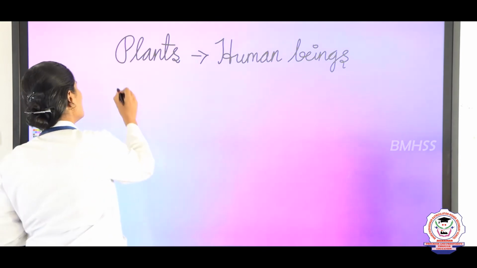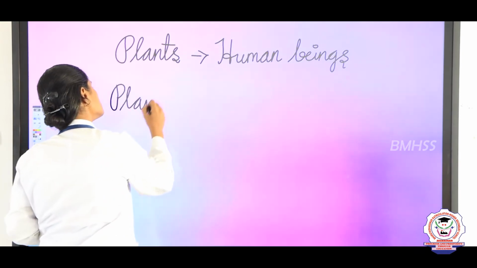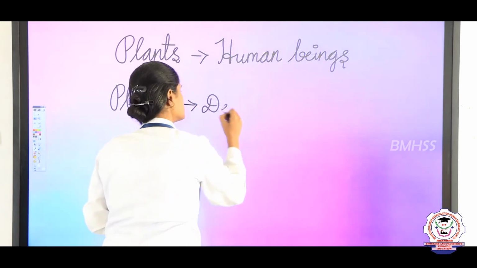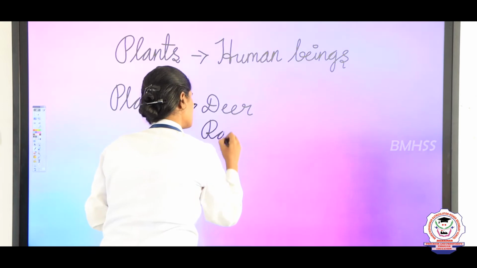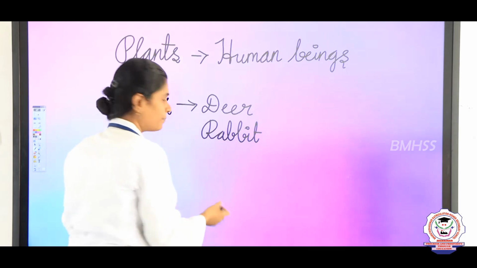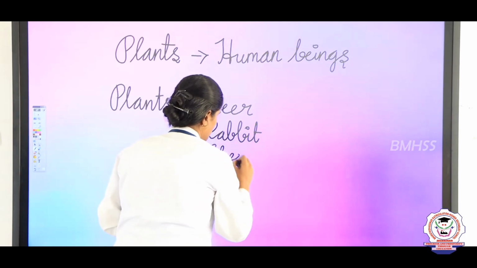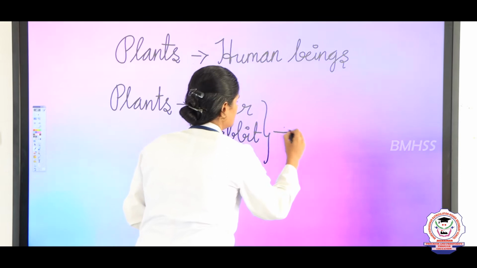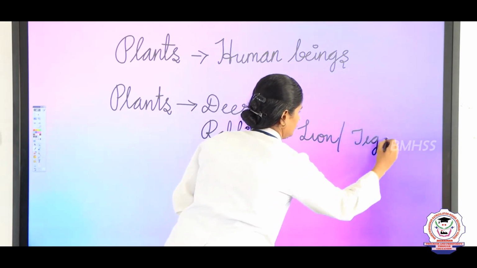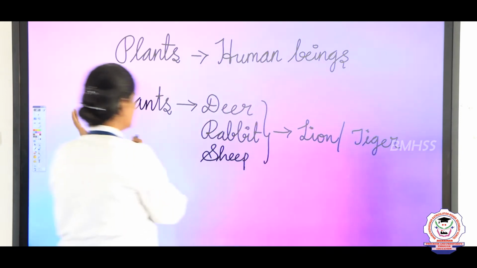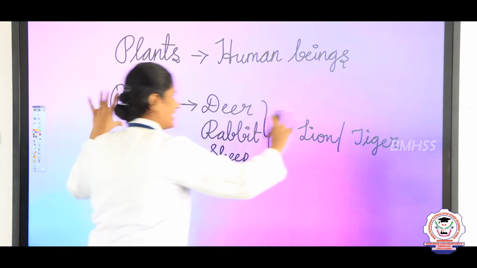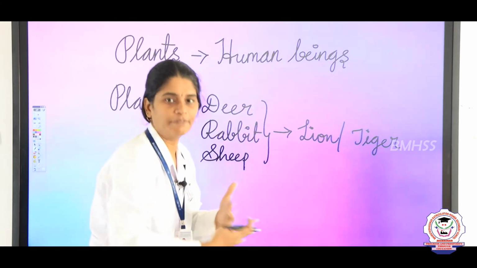The same way, plants are eaten by deer or rabbit, or it can be sheep. Again these animals are eaten by a lion or a tiger. So this arrow mark represents the food chain. The living organisms depend on each other for food, right?